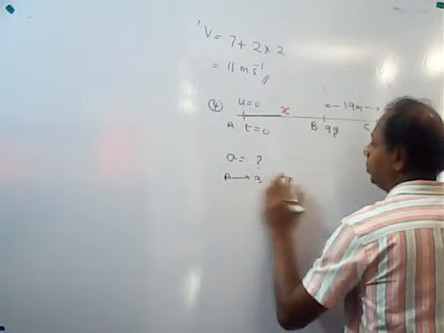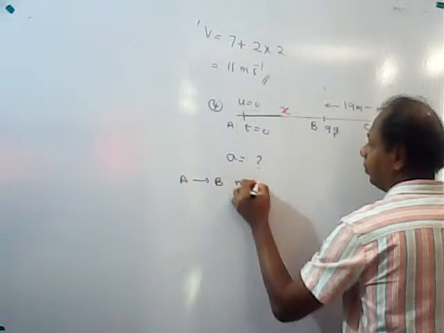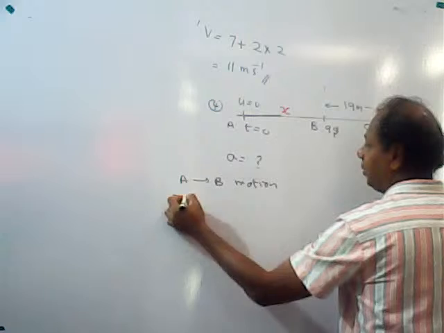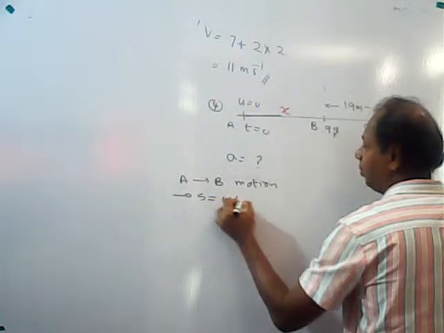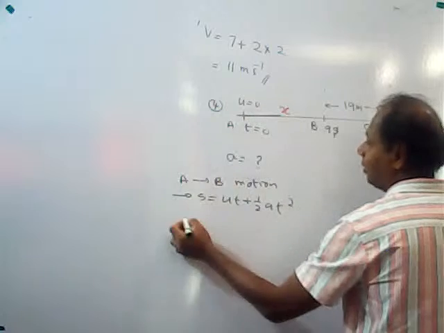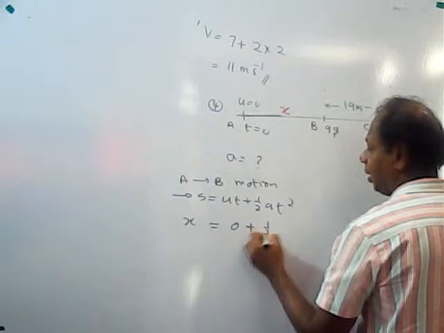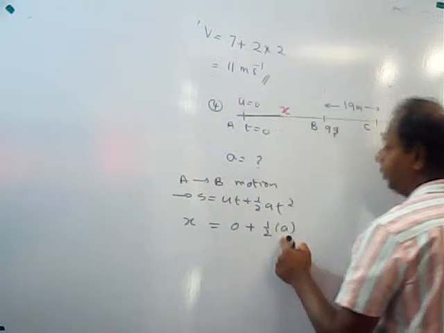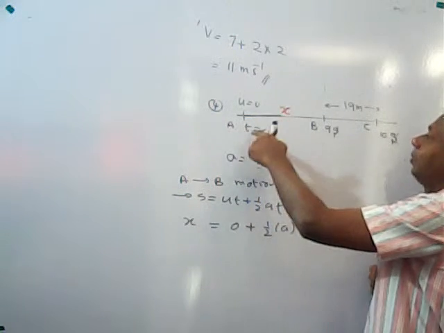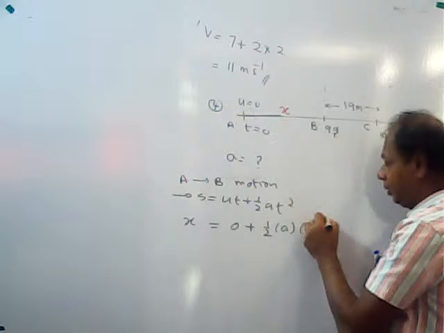For A to B motion, S equals ut plus half at squared. S is just x. U is 0 plus half. Acceleration is unknown, but from A to B, the time is 9. 9 square.